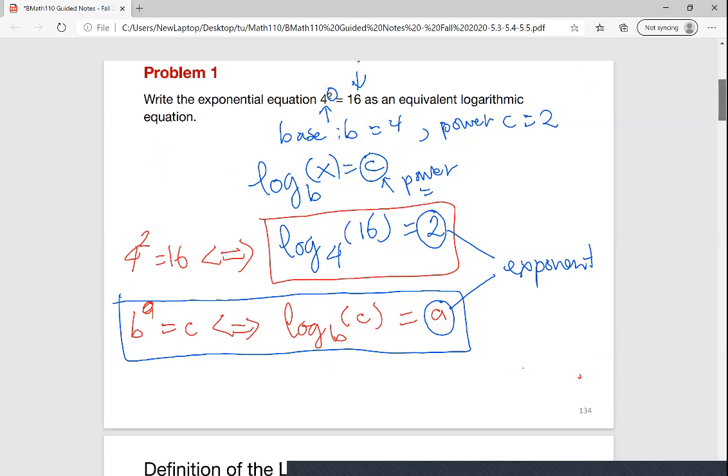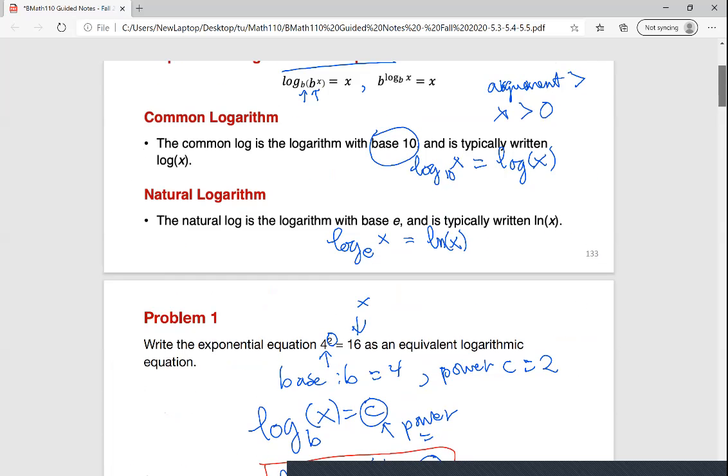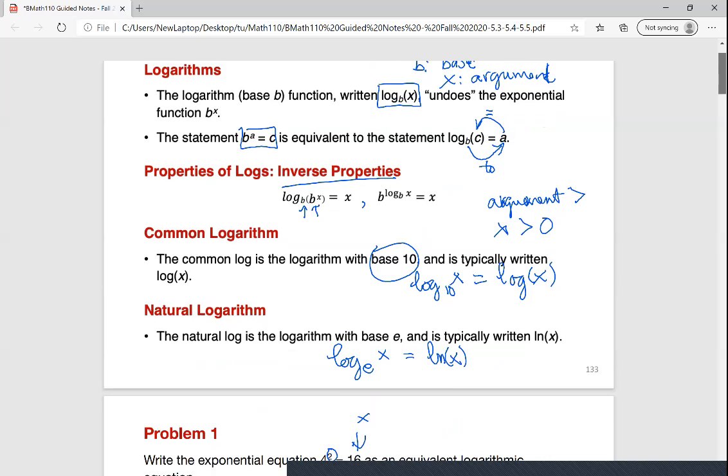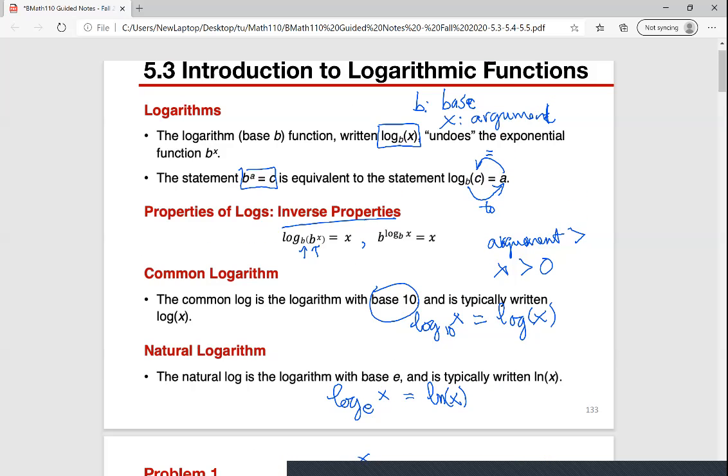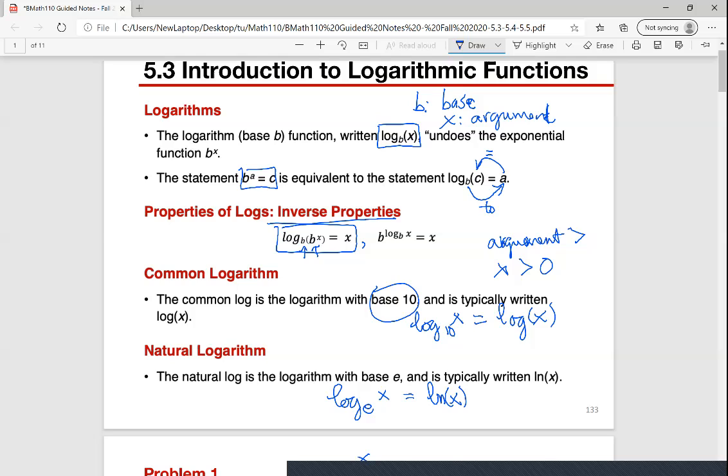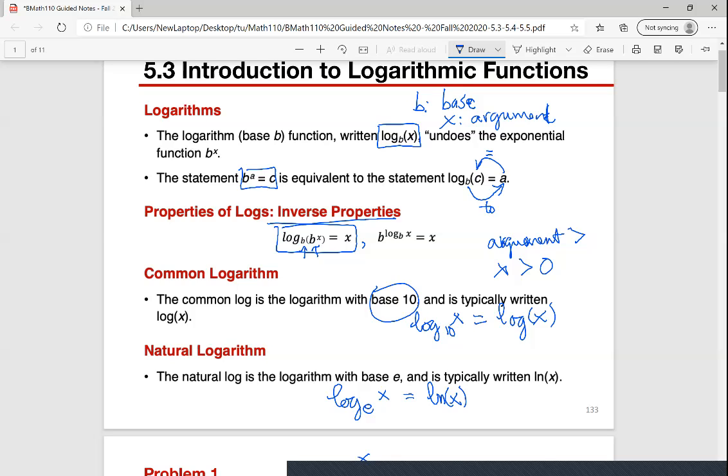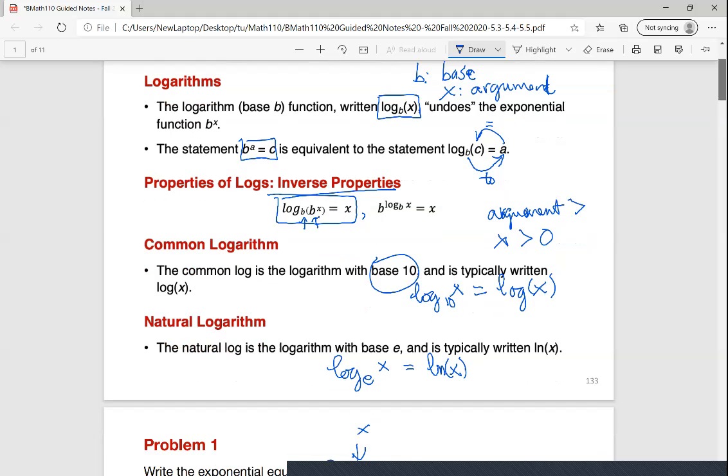Let me remind you, the inverse property. I will try to make the base of the log and the base of the argument the same, and then the log now becomes just the exponent.